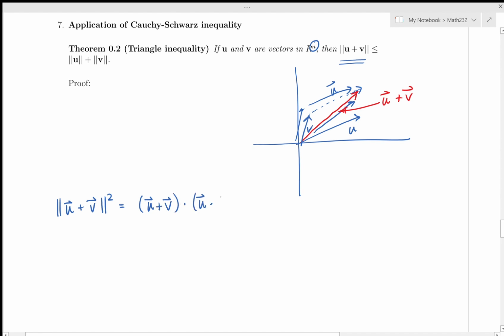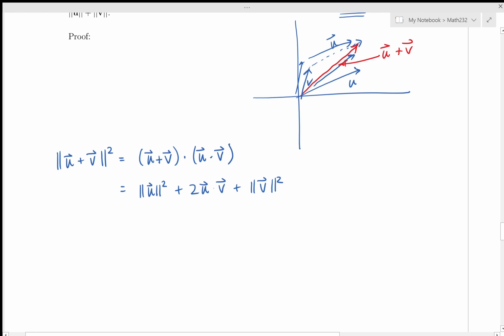This is looking familiar. Okay, this is our 3rd time of distributing this out, maybe our 4th time. So this is the norm of u squared plus 2u dot v plus the norm of v squared. Okay, and this over here on this side is the norm of u plus v squared.